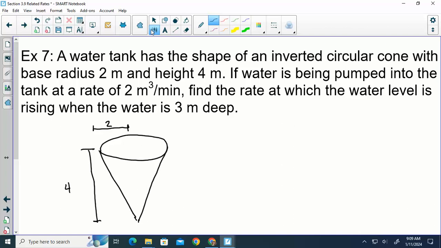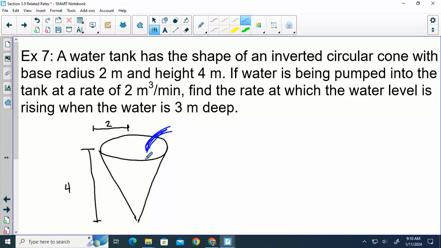Water is being pumped into the tank at a rate of 2 cubic meters per minute. Find out the rate at which the water level is rising at the instant when the water is 3 meters deep. So what's happening is we are filling this cone.